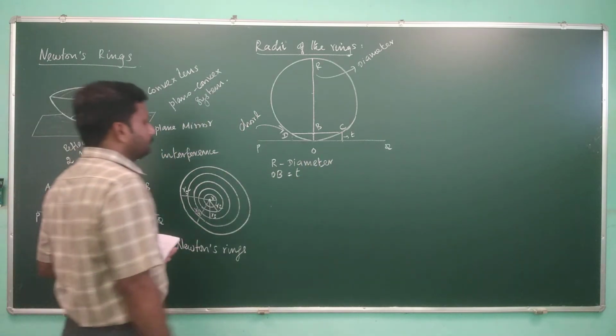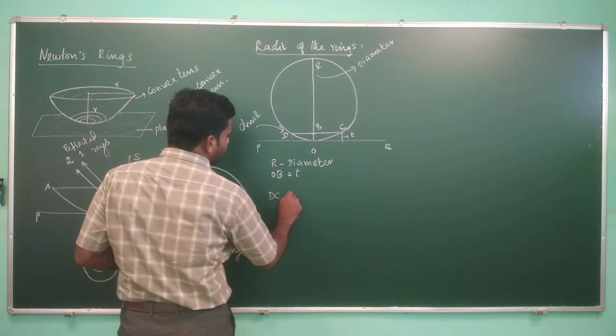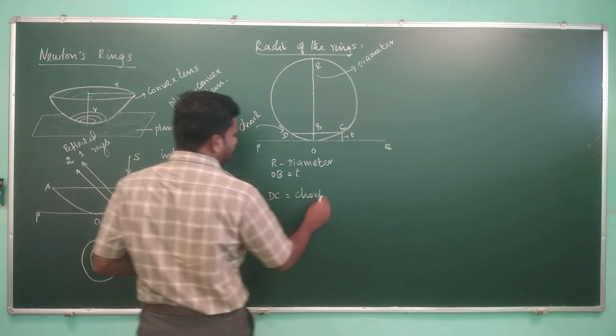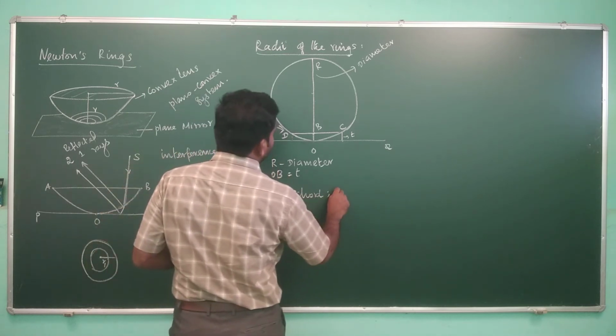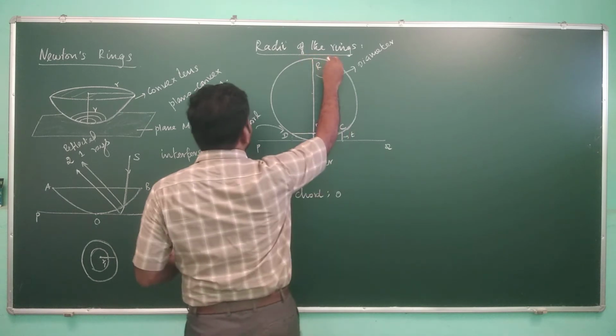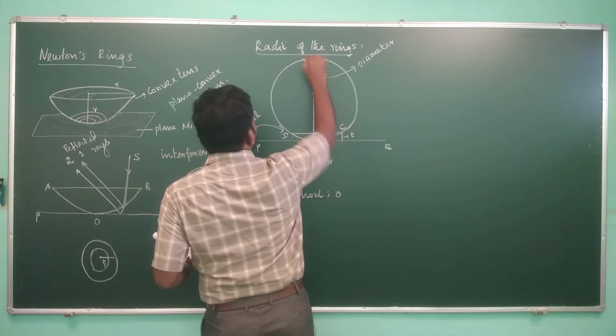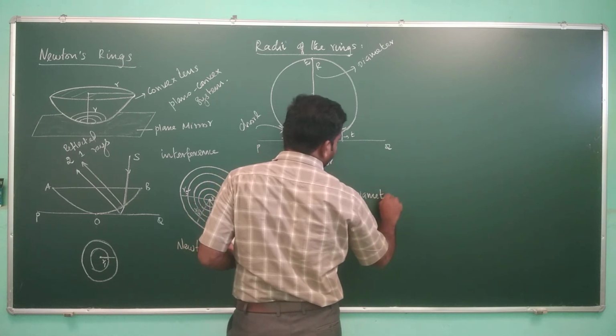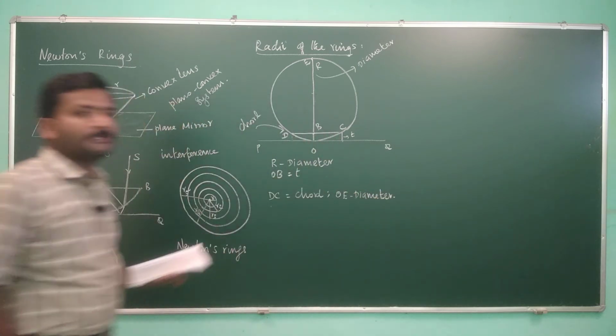Now, we said DC is the chord, and let's put this point as E. So OE is the diameter.